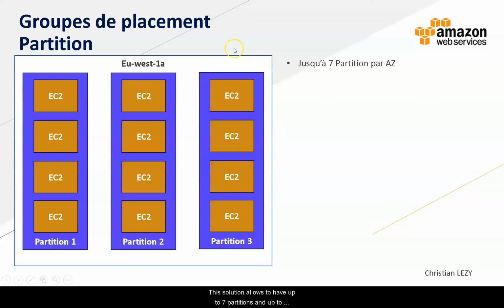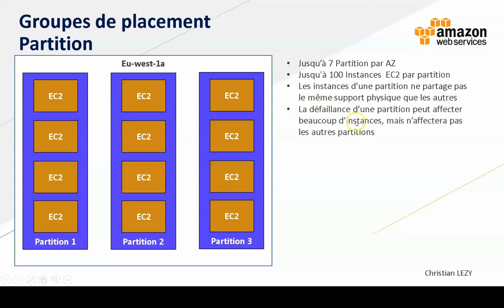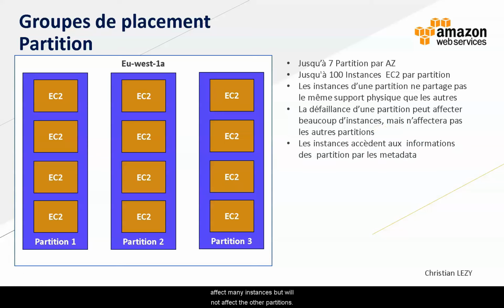This solution allows us up to 7 partitions and up to 100 instances per partition. The instances of a partition do not share the same physical media as the others. Finally, the failure of a partition can affect many instances, but will not affect the other partitions.